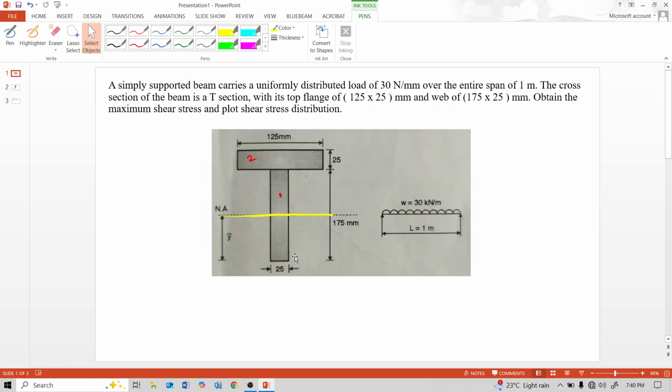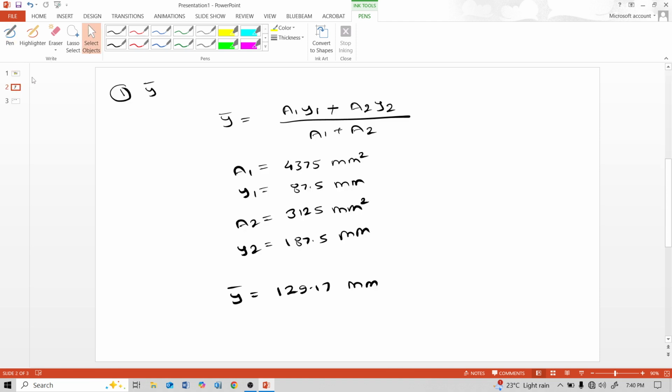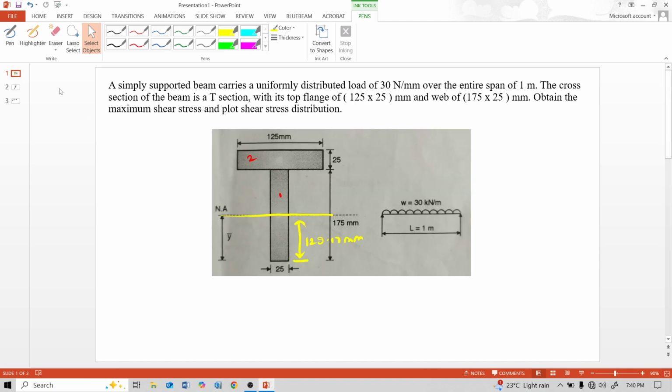For only the web portion, the centroidal axis is at 87.5 mm, half of 175.